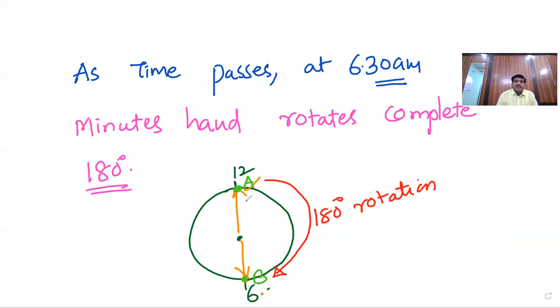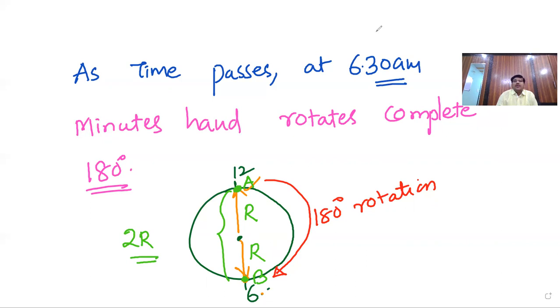That means minute hand is completely rotated through the diameter. When it is rotated 180 degrees, displacement is 2r. If length of the minute hand is r, this also becomes r. So r plus r, 2r is the displacement.